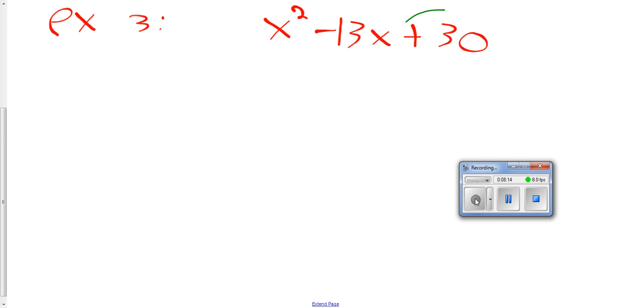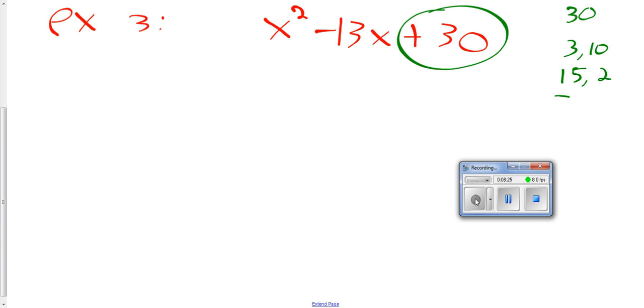So we look at the number 30, and we say that that could be 3 and 10, or it could be 15 and 2, or it could be 30 and 1, right? So these are all our options.